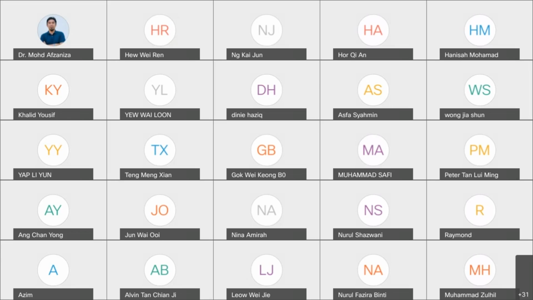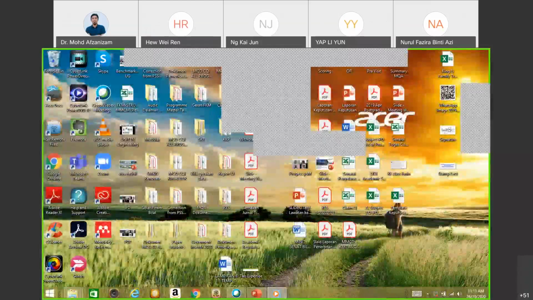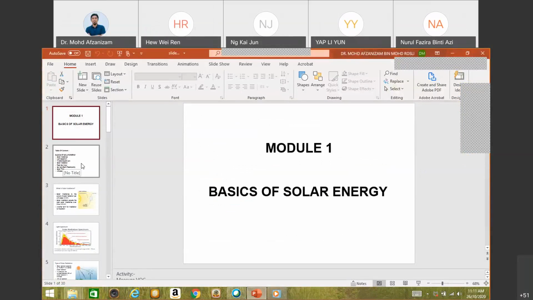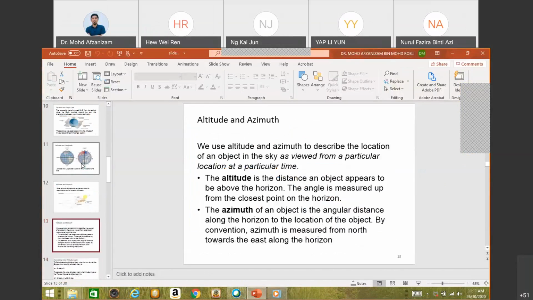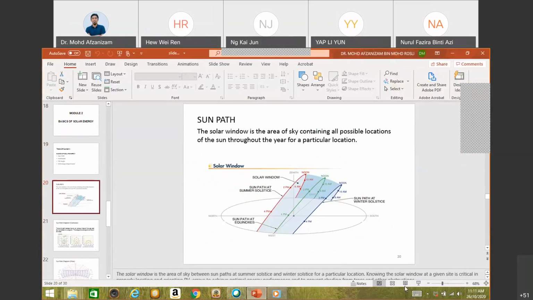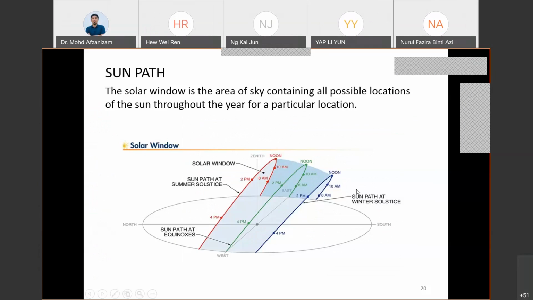So next, we try to share another slide of this. Okay, just to strengthen your understanding related to the sun path.